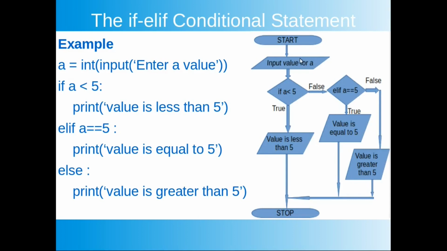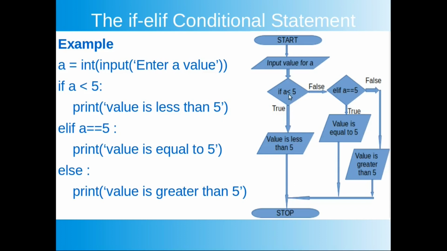So the execution starts from line number 1, where you have to input a value for A. After that, the control will go to line number 2, where it will check whether the value is less than 5 or not. Now if this condition becomes true, then the statement inside the if block will be executed, and then your program will stop.